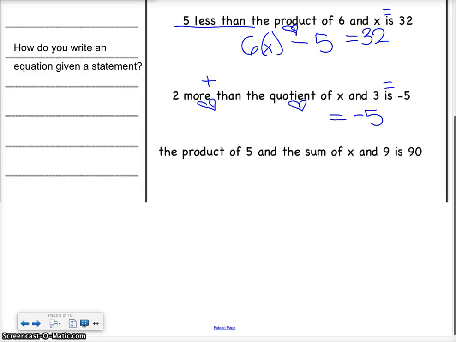As 8th graders, we use a division bar. So the quotient of x and 3 is x over 3 plus 2. You could have it 2 plus x over 3 equals negative 5 as well, because with addition, order doesn't matter. Order only matters with subtraction.